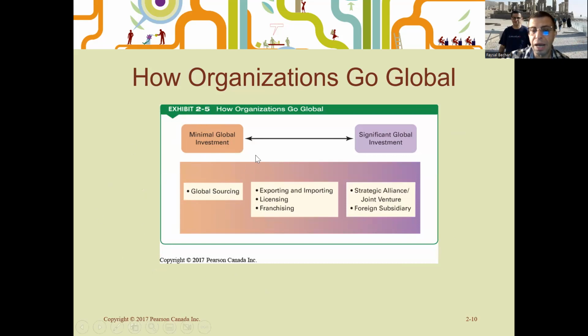Then as it gets deeper, a company might get involved in exporting and importing, providing licensing or franchising. Then the extreme one, or the significant global investments, such as strategic alliances, joint ventures, and foreign subsidiaries.